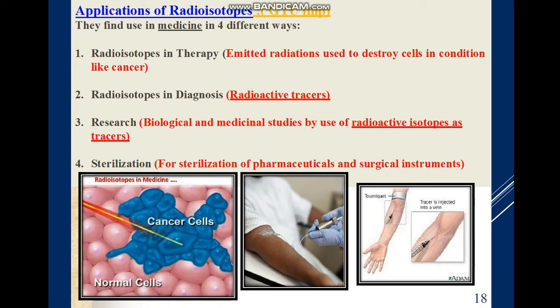This type of diagnostic imaging is so important. Next, research, biological and medicinal studies by use of radioactive isotopes as tracers. And finally, sterilization of pharmaceutical and surgical instruments. They are also used.